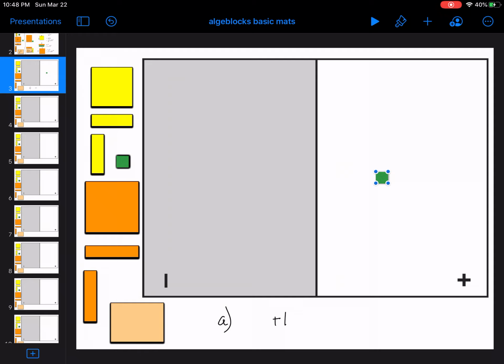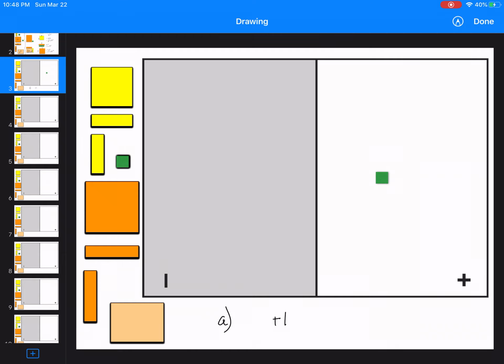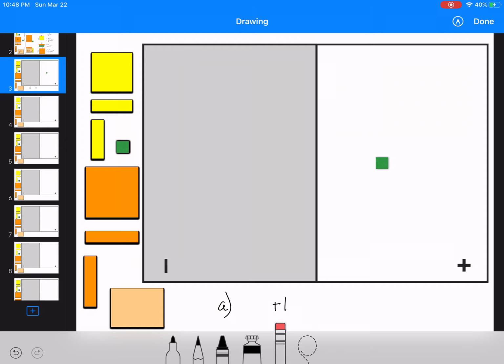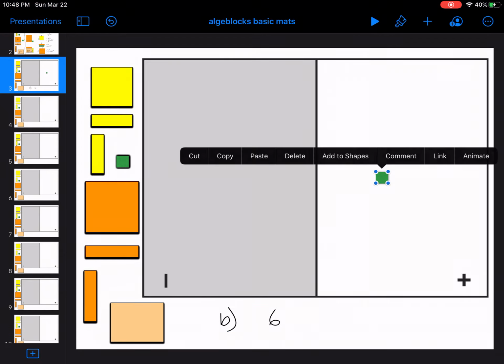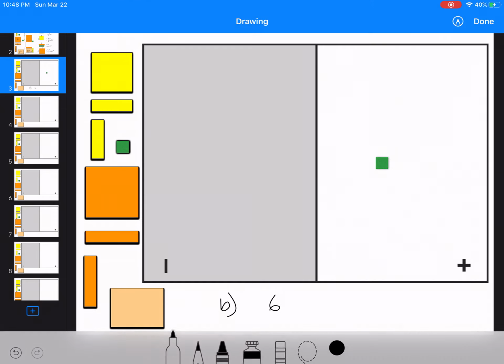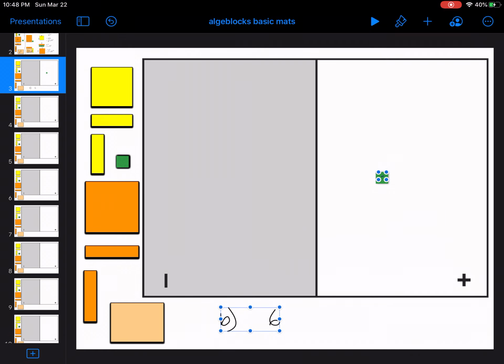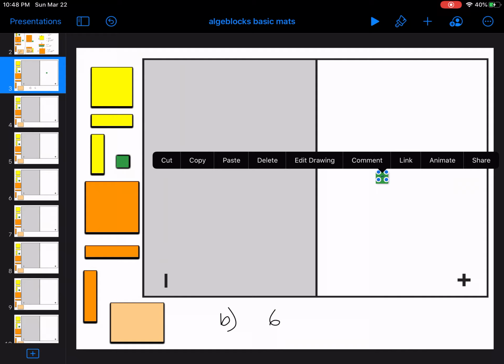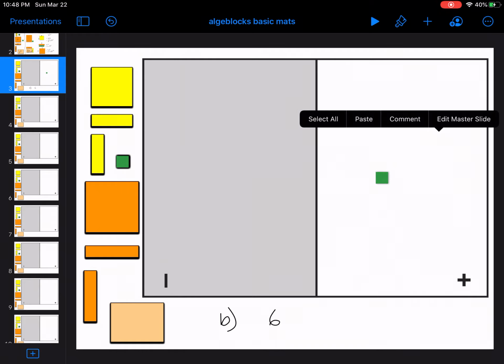Now, what if we were to model 6? So let's model B. That's 6, so that's positive 6. So still, we would want to have, oops, there we go.